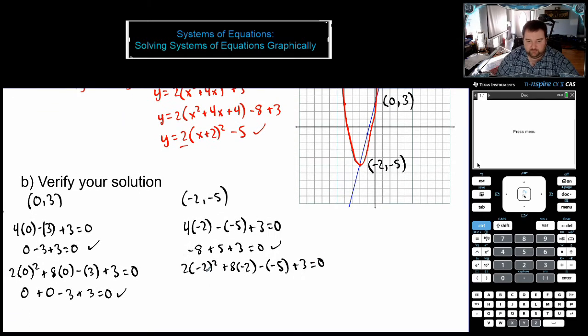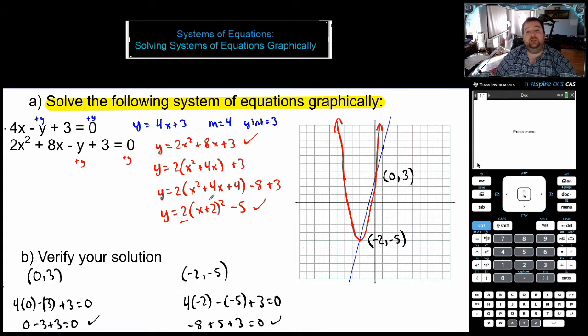Let's check it out. -2 squared is 4. 4 times 2 is 8, minus 16 plus 5 plus 3 equals 0. 8 minus 16 is negative 8. Negative 8 plus 8 is 0. Excellent. We have just verified our solution.